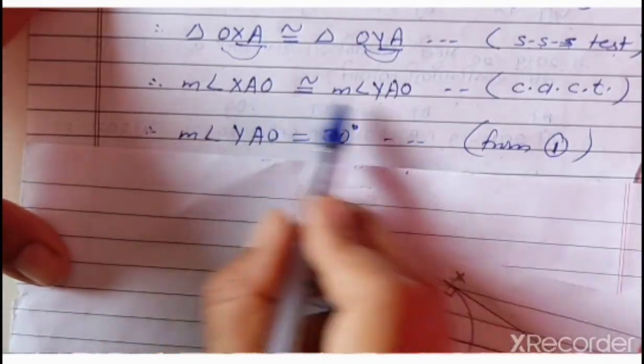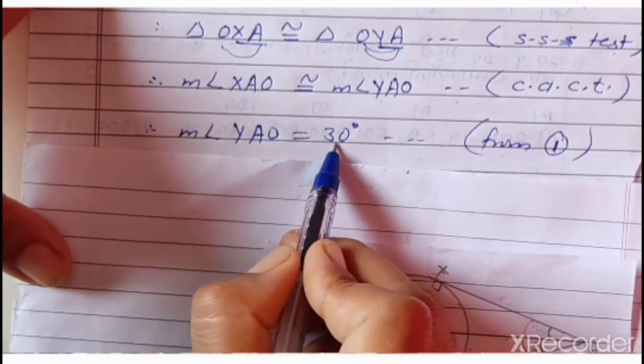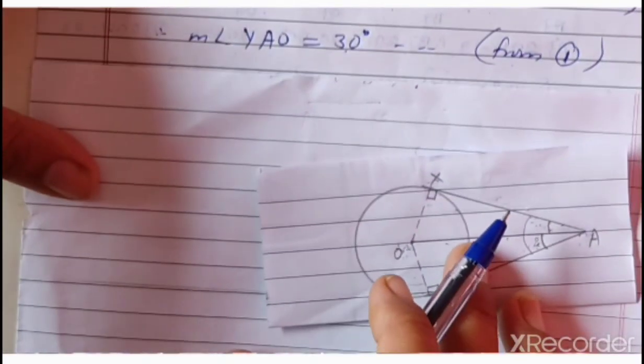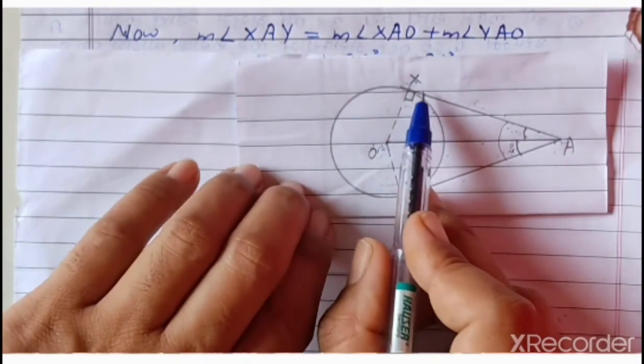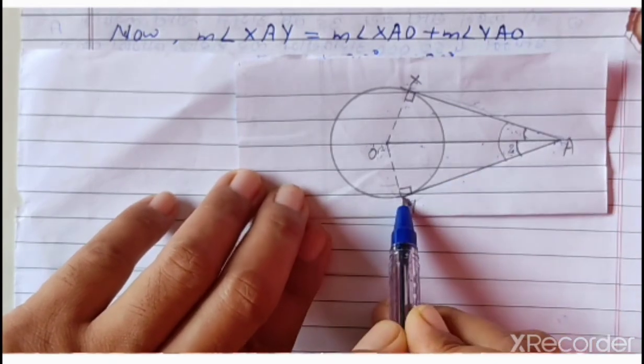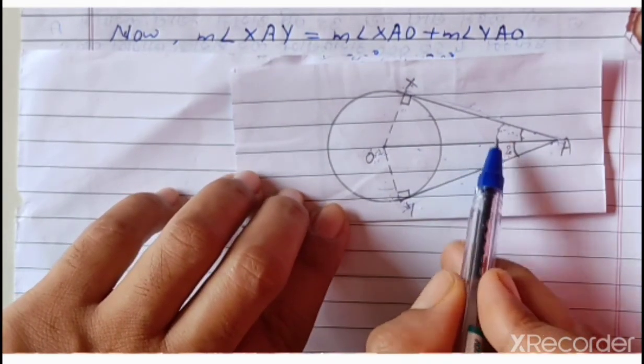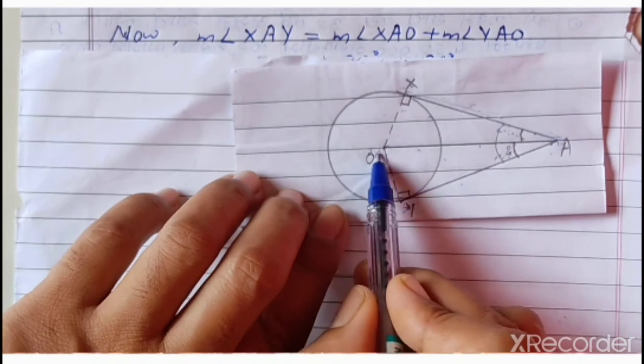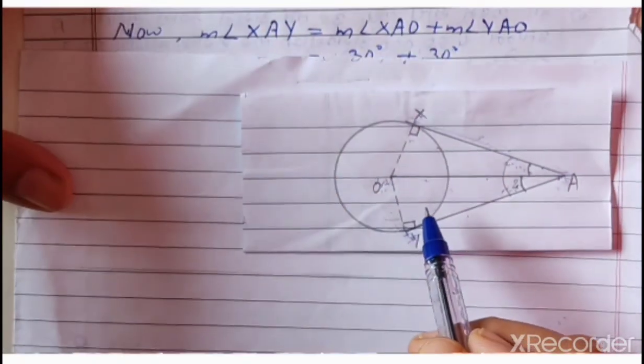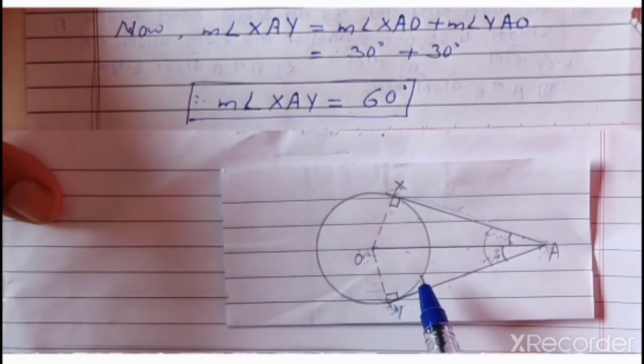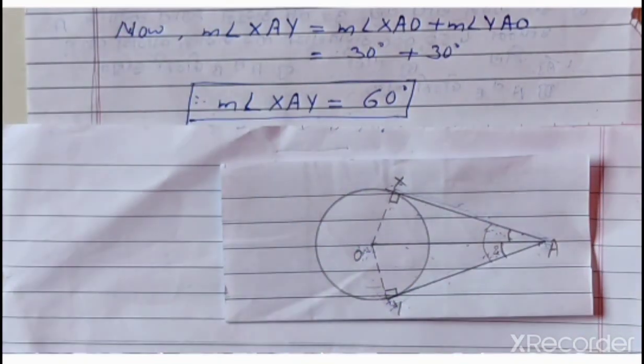You know XAO is equal to 30 degree. Therefore the second measure is also 30 degree. So from this figure you can say the whole angle XAY is equal to the addition of these two angles XAO and OAY. So 30 plus 30 is equal to 60 degree. So this is the answer to our question.